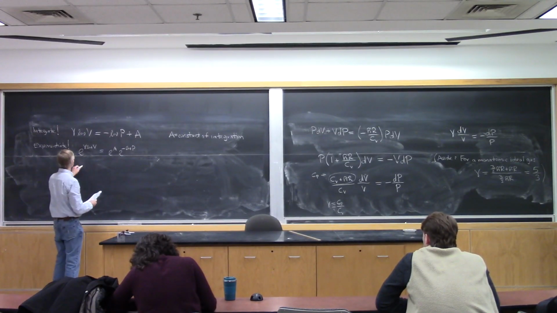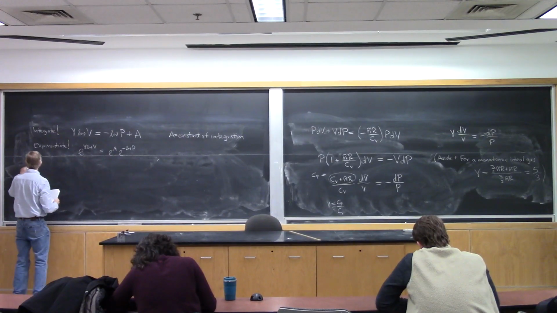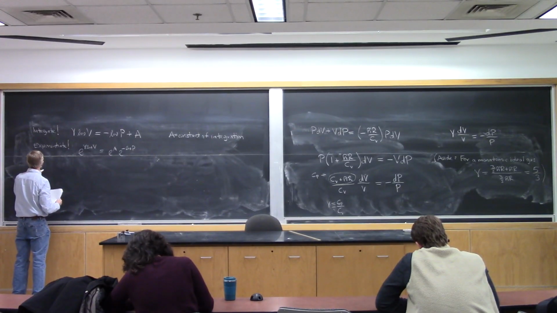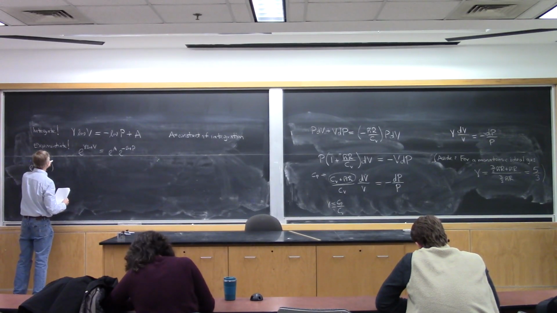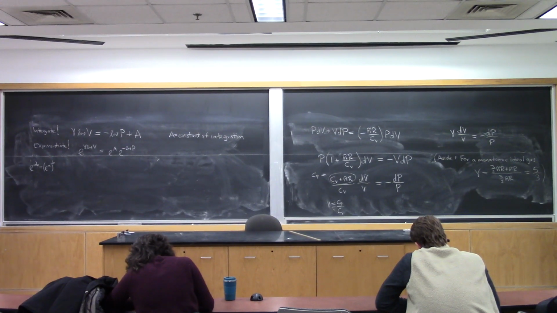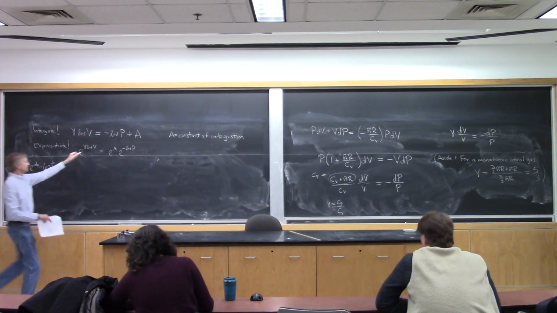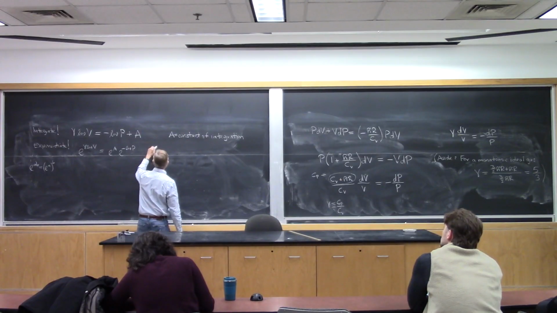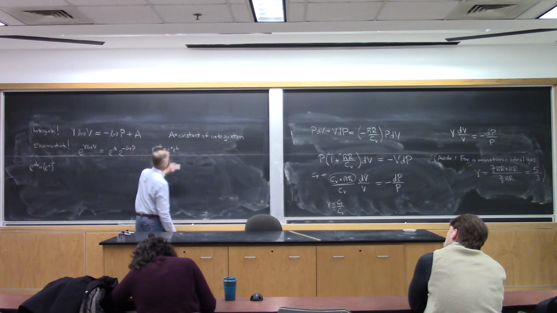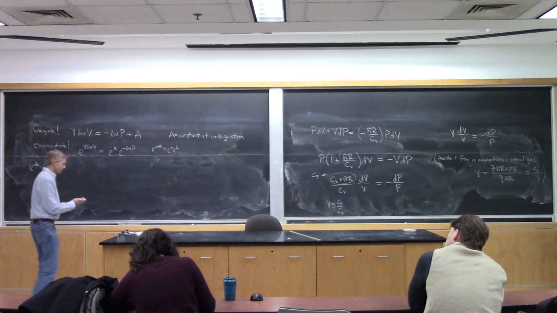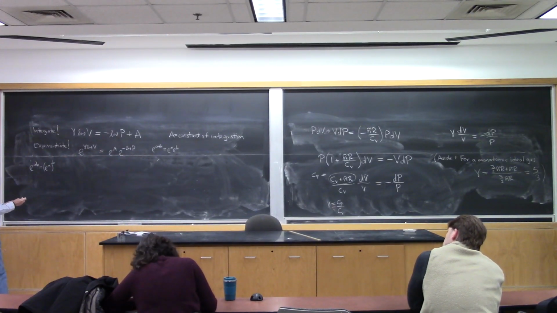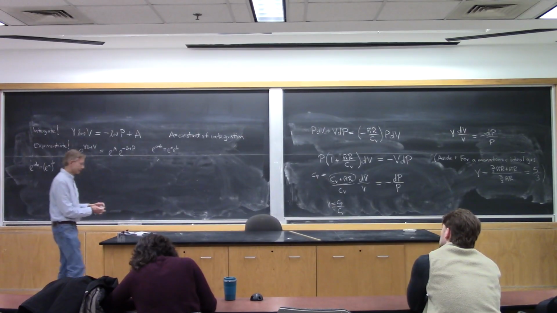And over here, I can use the fact that e to the ab is the same thing as e to the a to the b. Those are the things I'm using here in going to my next step.